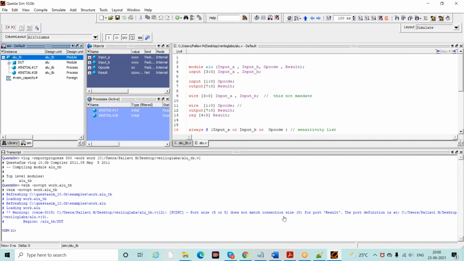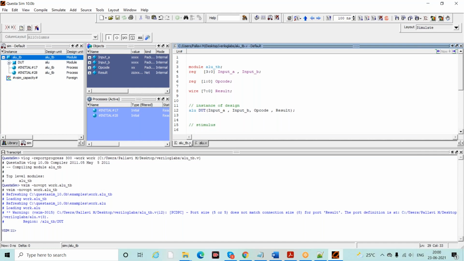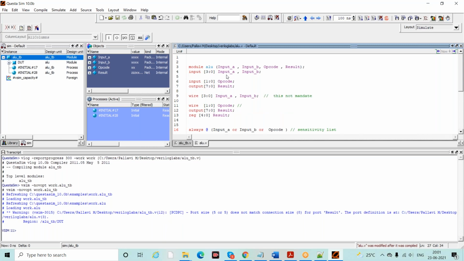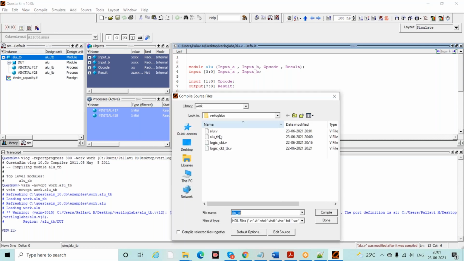Yes, somewhere else port size. It will be easy to learn even from wrong code. Port size is mismatch, here in the TB, test bench line number 12. Somewhere else, yes, I think this one. You may learn some real time practice on how we can reduce the errors.